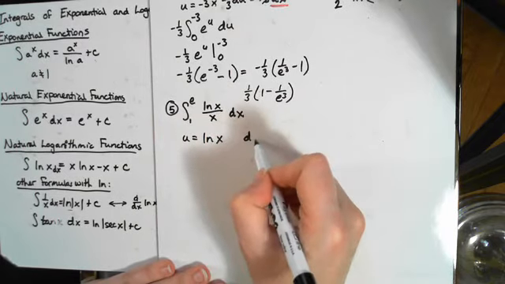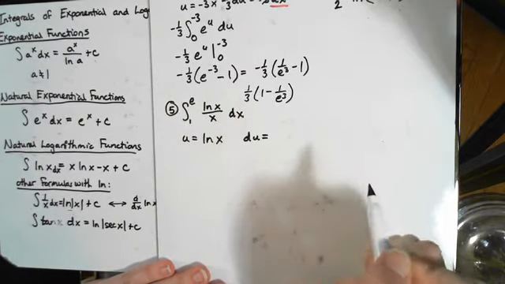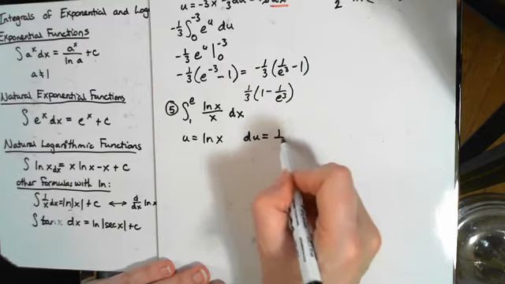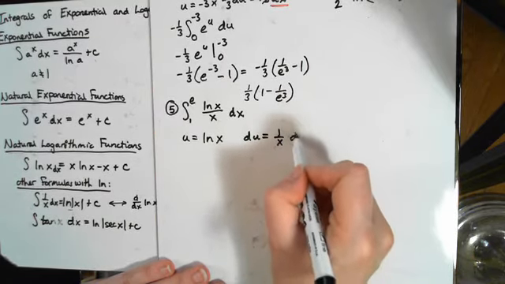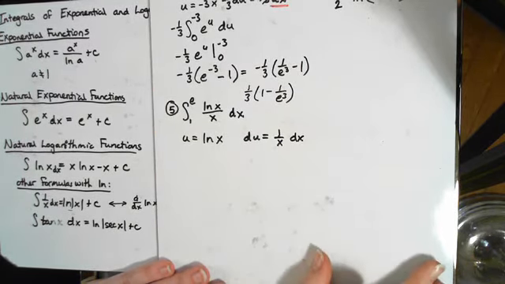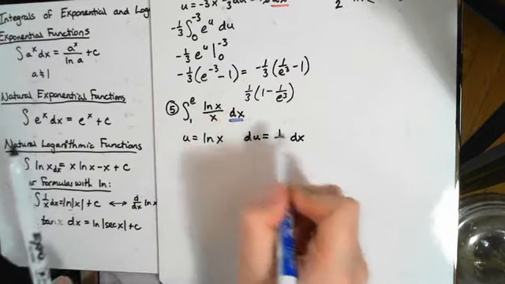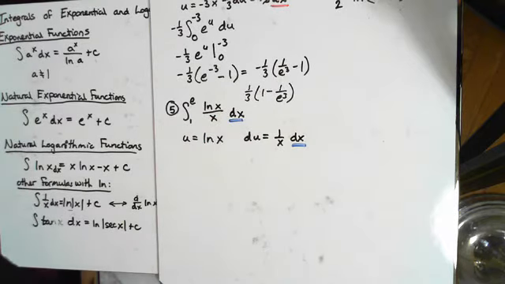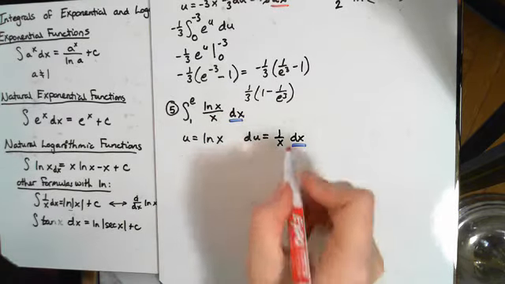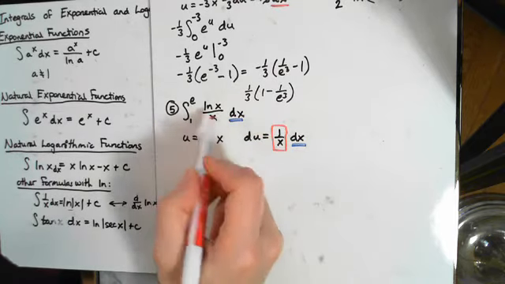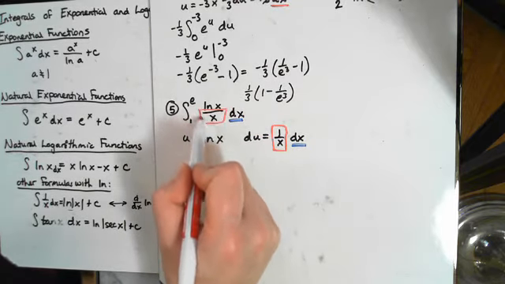So I know the derivative is going to be 1 over x dx. Okay? So notice that this is actually what is in my function. I have the dx, which matches, and the 1 over x, this part here, is actually right here.